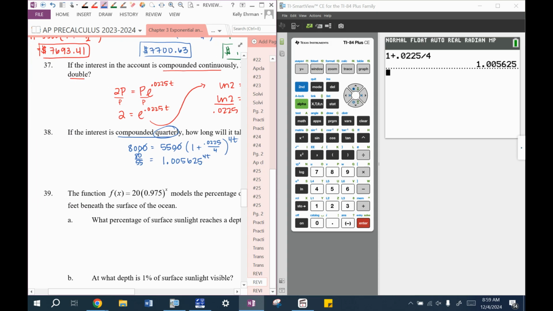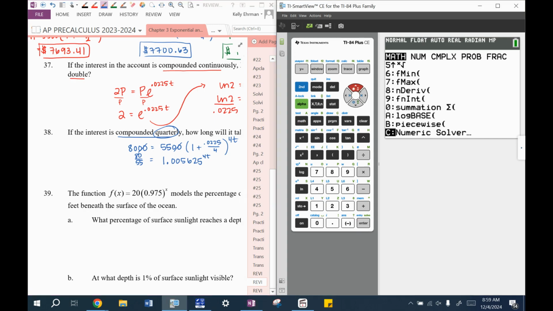Okay, then what are we going to do algebraically? I want to get rid of this base number. If your calculator has a log base option, you can use it. I'm going to log base 1.005625 of 80 over 55, and that will be equal to 4t, because I log based that side the same way.